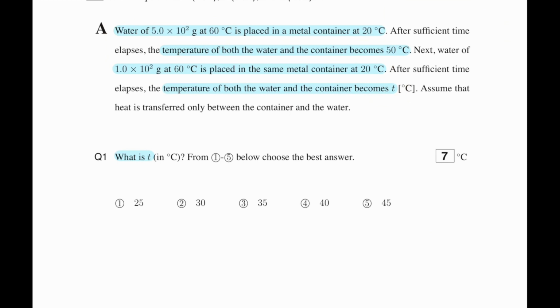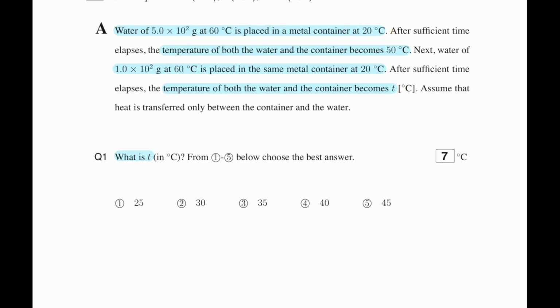Okay, to solve a question like this, you have to remember Black's principle. Black's principle basically is the conservation of energy. As you can see here, water at higher temperature than the metal container, that means water will release heat, and then the heat that is released by the water is absorbed by the metal container.